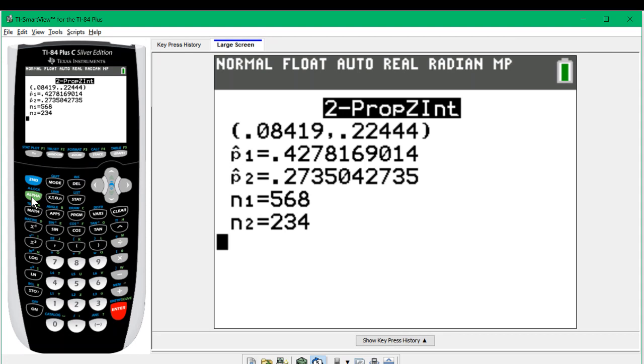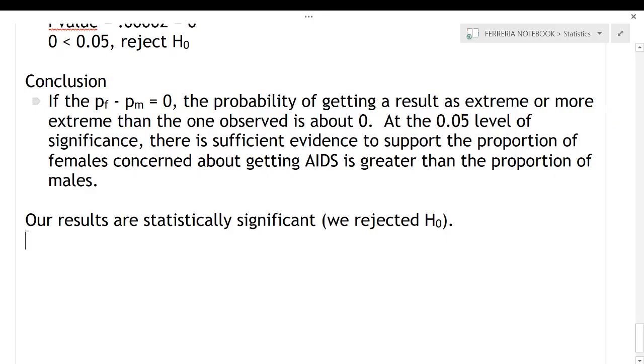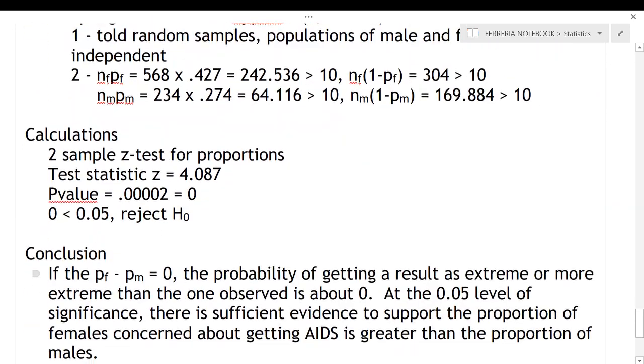Does someone have these numbers written down somewhere? Just the interval, you don't need the other ones. Okay, so I guess we should write up the whole thing.